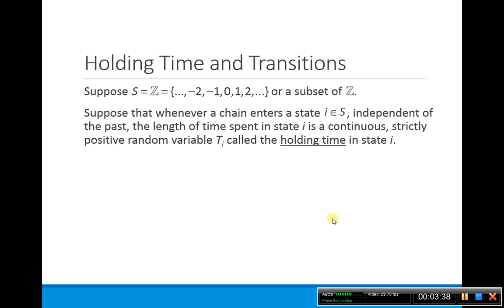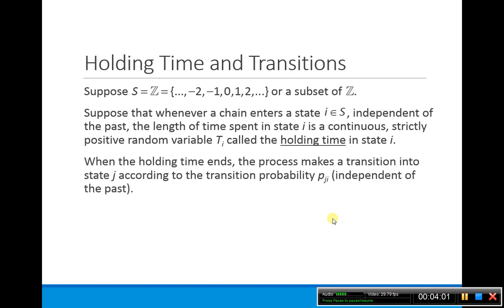This is what some people call the holding time. So Ti is the holding time, the length of time spent in state i. And again, this is a random variable, so we're going to have some kind of distribution. It's going to spend on average a certain amount of time in state i, but it's going to be distributed about that. So you're going to have some kind of mean, some kind of distribution.